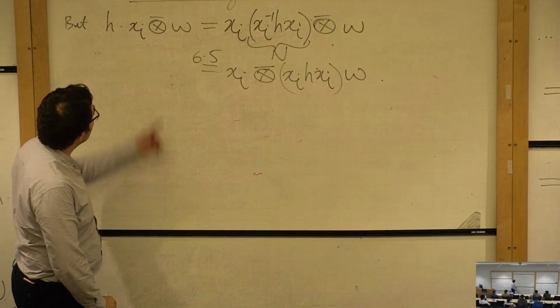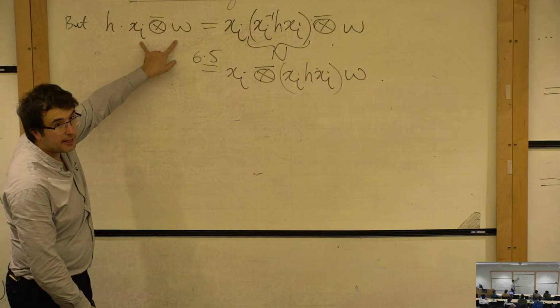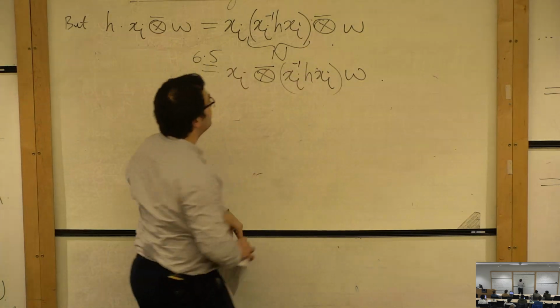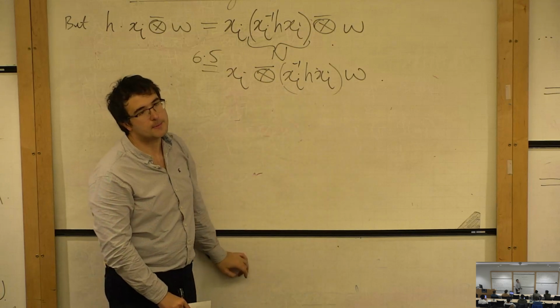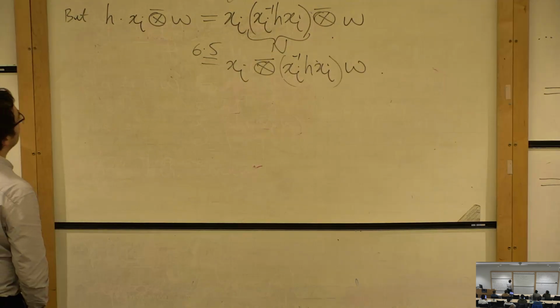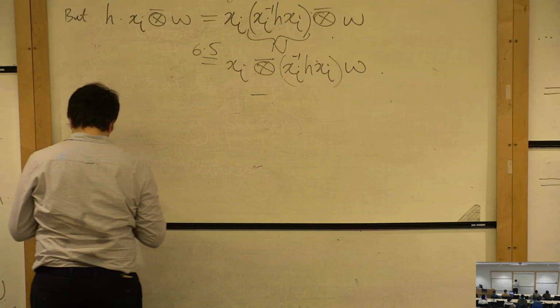So not only is it block diagonal, but you can actually even tell what h is doing for each block. And it's not just h acting on the block, it's a twist. Right, you have to conjugate h by something or other, and then we look back. Okay. So this motivates the following definition.